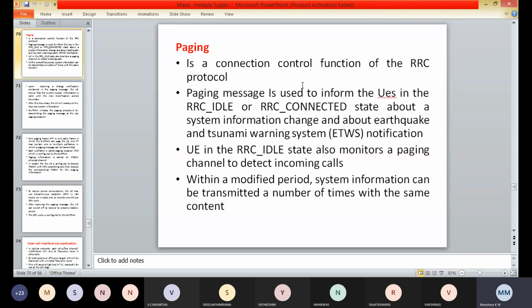So here the system information can be transmitted a number of times with the same content within a modification period.